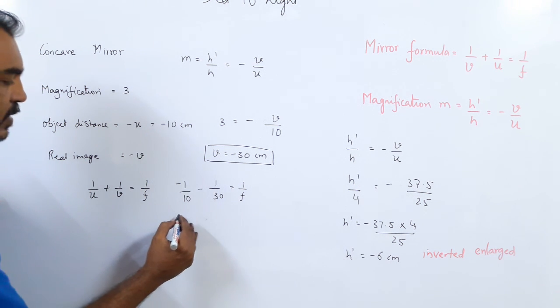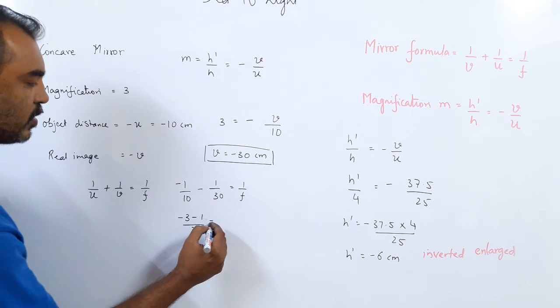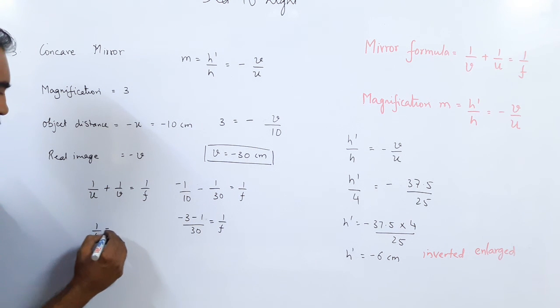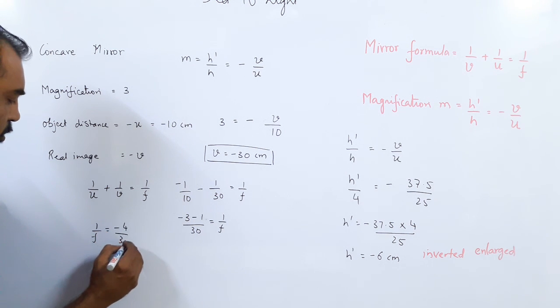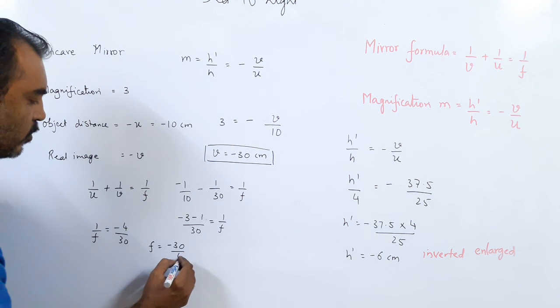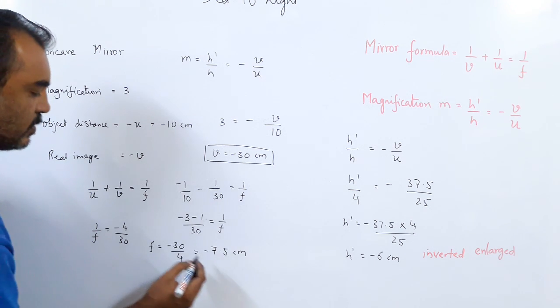So 30 is the LCM. So minus 3 minus 1 upon 30 equal to 1 upon f. So 1 upon f equal to minus 4 upon 30. So f is equal to minus 30 upon 4 equal to minus 7.5 centimeter.